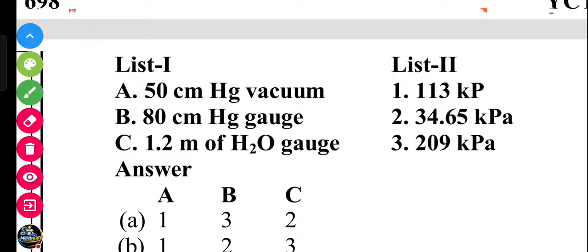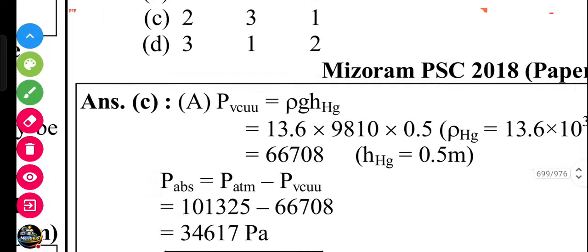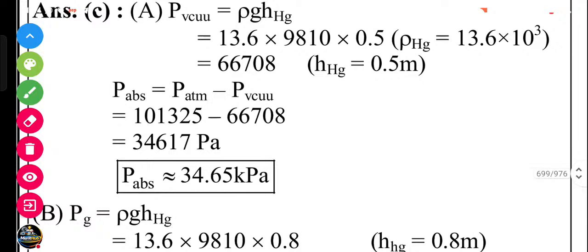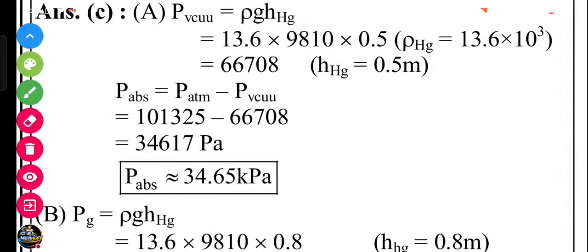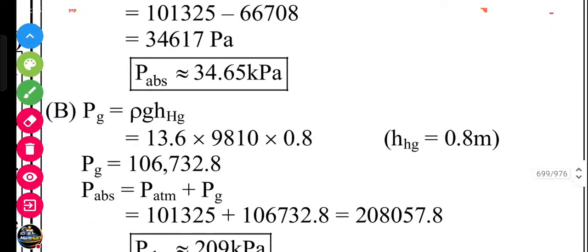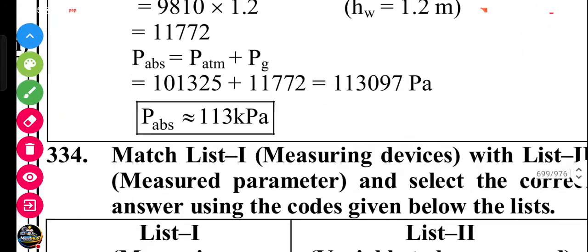Simply you put P equal to ρgh formula, then you can get the answer easily. Then absolute pressure: for vacuum, P absolute equal to P atmosphere minus P vacuum, or for gauge, P absolute equal to P atmosphere plus P gauge. Then you can get the answer.